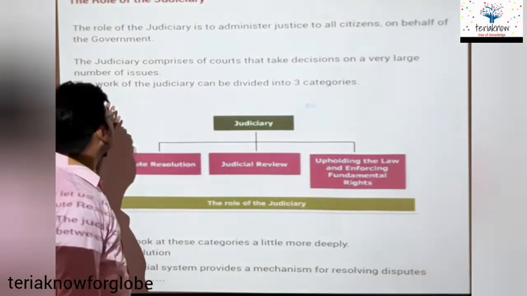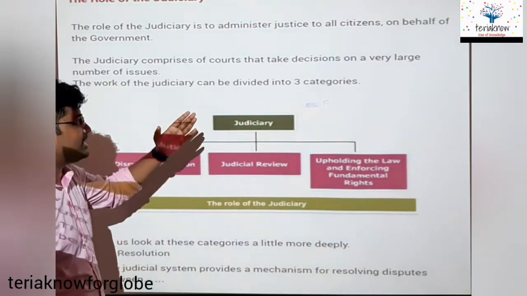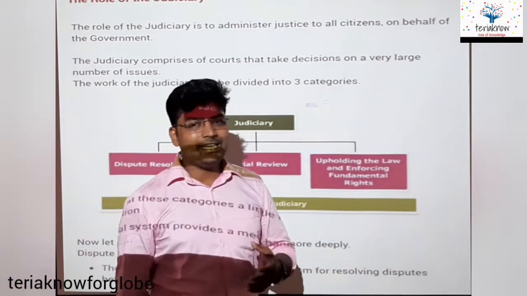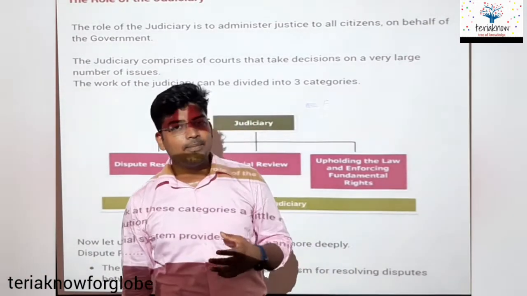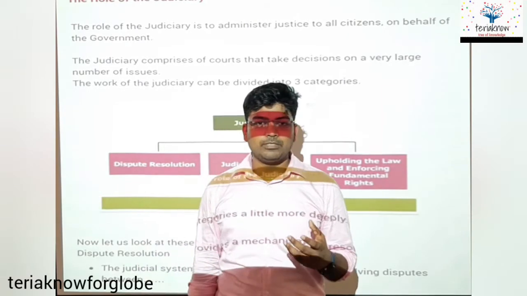As you can see, the role of the judiciary is to administer justice to all citizens on behalf of the government. Everywhere in every country there is a government, which makes the policies for the welfare of the people or citizens.